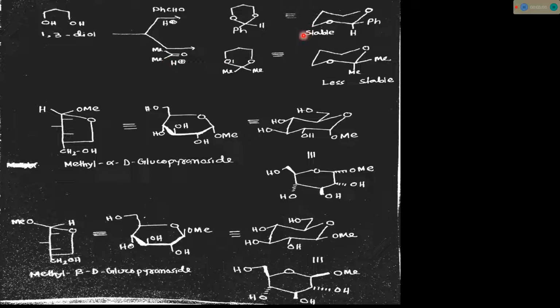So this is the reason. After protection, if we use benzaldehyde for 1,3-diol protection, then this 6-member cyclic structure will form. And if we draw the cyclohexane form, then we can put a phenyl ring at the equatorial and hydrogen at the axial position. So this is a stable molecule, with the large substituent at the equatorial position.